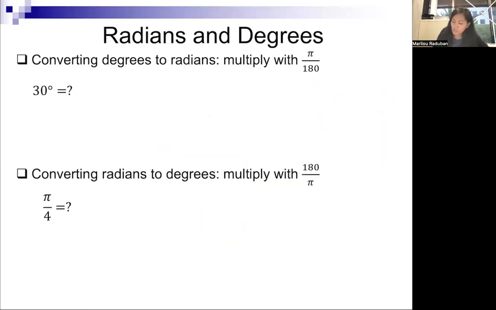So we'll use that conversion factor. Pi is equal to 180 degrees to convert. So when you're converting from degrees to radians, you multiply the degrees with pi over 180. And when you're converting from radians to degrees, you multiply the radians with 180 divided by pi.